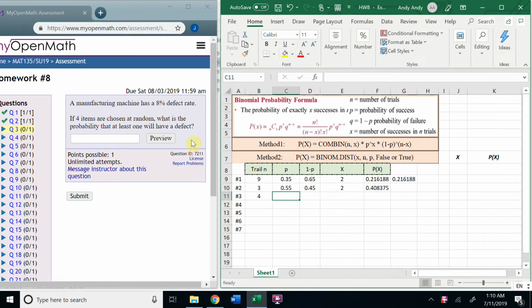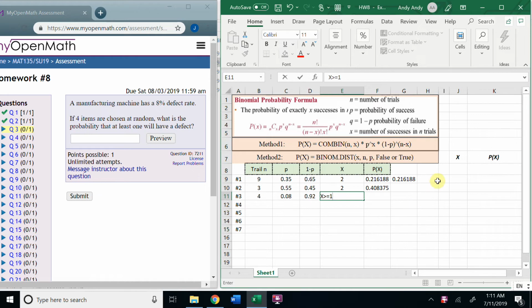It asks for defect, so P is 0.08, and 1 minus P is 0.92. X is at least 1, so that means X is greater than or equal to 1.